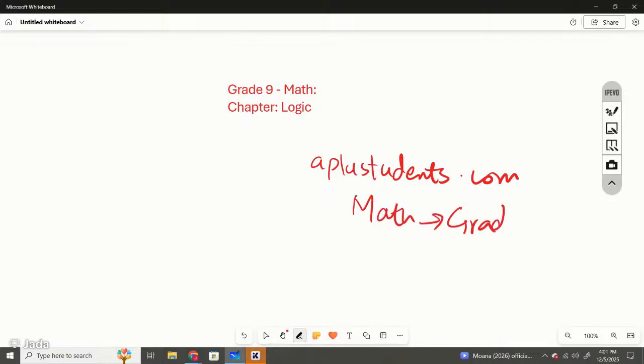Scroll down to grade 9 math and then click on view all lessons. There you can find the list of the chapters. We're going to start with the chapter logic. So please make sure you have your notebook and pencil so that you can note down the important examples and definitions as well.